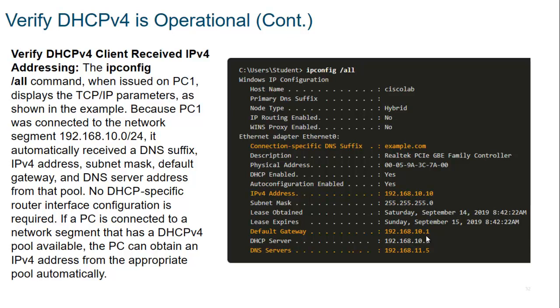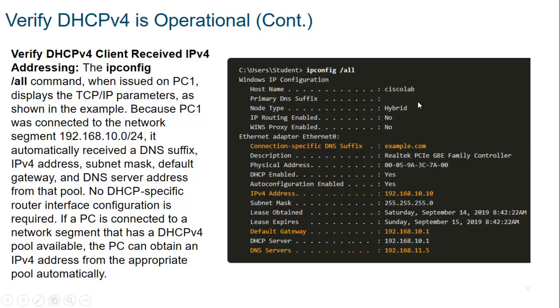Another way to verify that a client has received an IP address is to use the ipconfig command. The ipconfig /all command, when issued on PC1, displays the TCP/IP parameters as shown in the example. Because PC1 was connected to the network segment 192.168.10.0/24, it automatically received a DNS suffix, an IPv4 address, a subnet mask, default gateway, and the DNS server address from that pool.